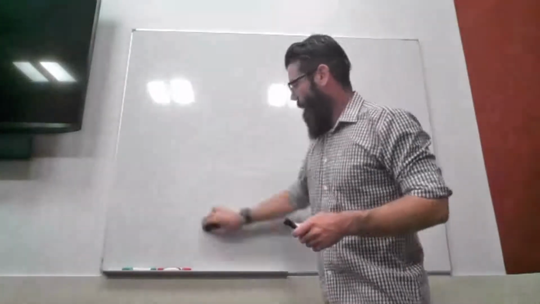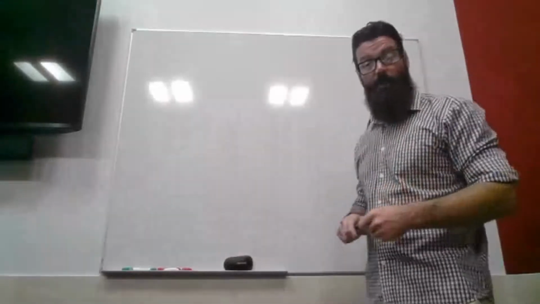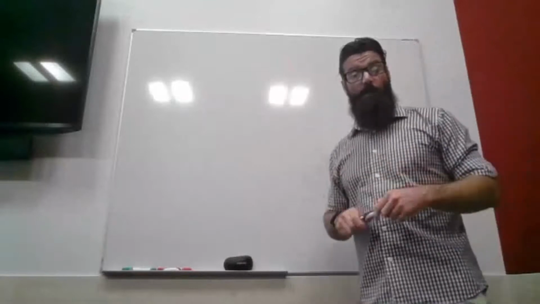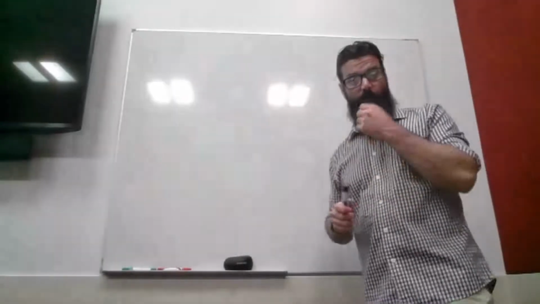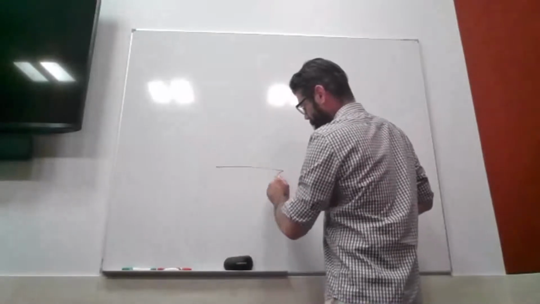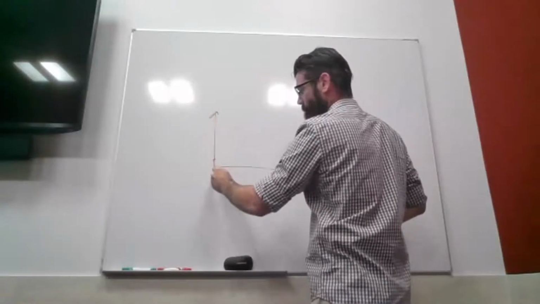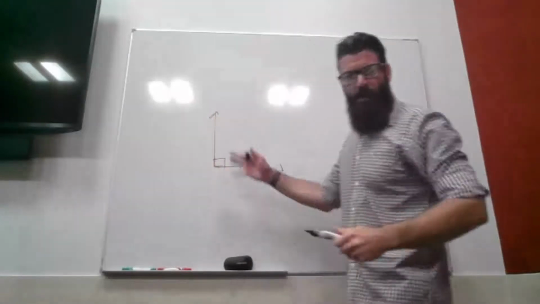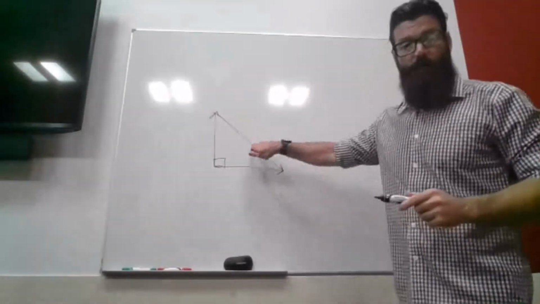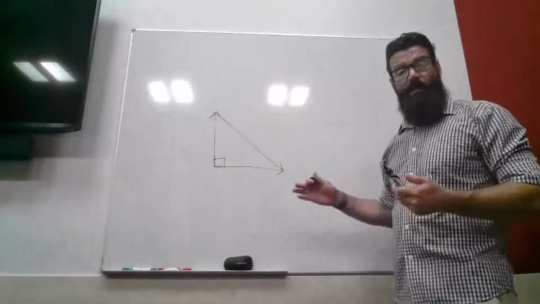If we have two vectors that are running at 90-degree angles to each other, then we use Pythagoras' theorem to give us the result. So if I have a vector running this way and a vector running this way with a 90-degree angle between them, I can use Pythagoras' theorem to solve for that side, and that's going to give me the size and direction of the new vector.